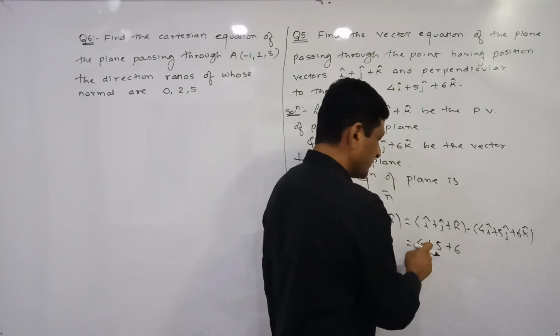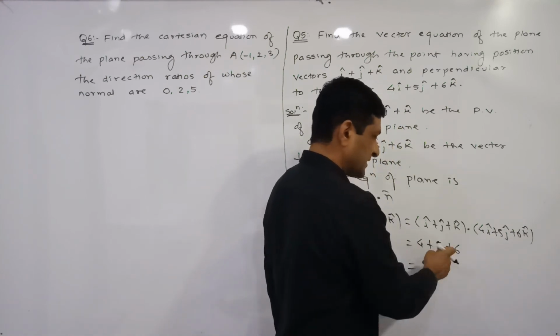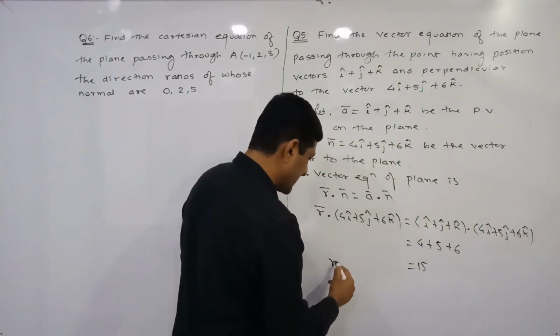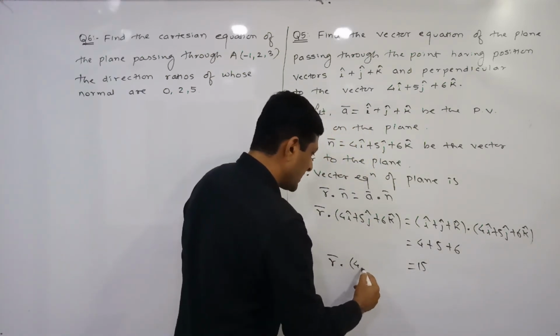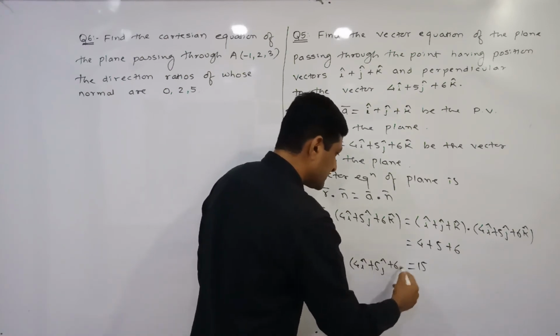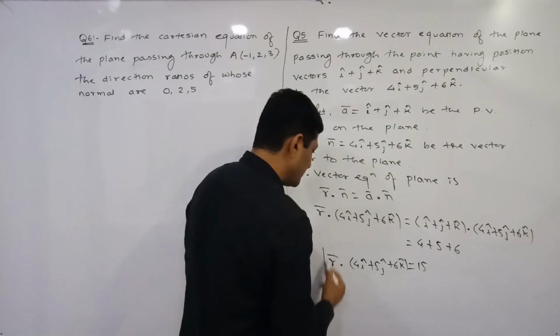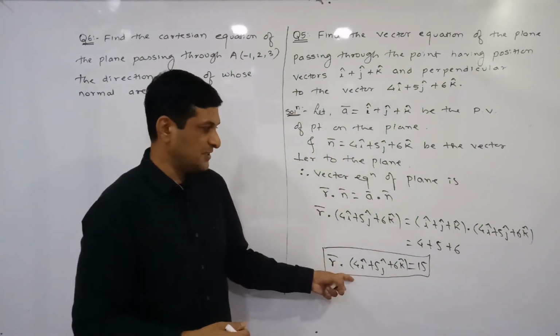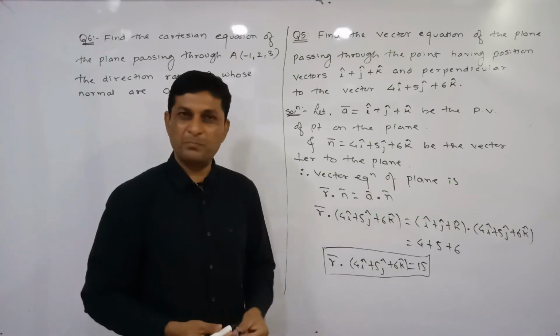So 5 plus 4 is 9, 6 plus 9 is 15. Keep the left hand side as it is, R bar dot 4i cap plus 5j cap plus 6k cap equals 15. In this way we have got the required vector equation of the plane. This is nothing but the required vector equation of the plane.